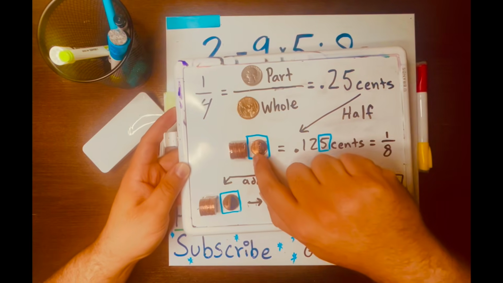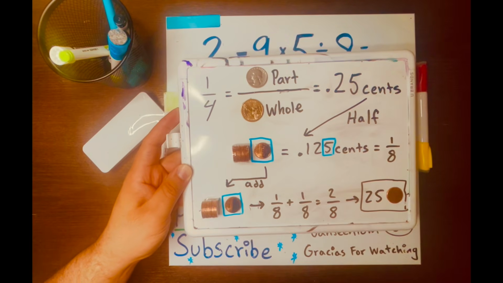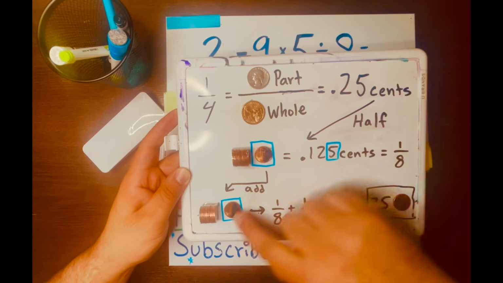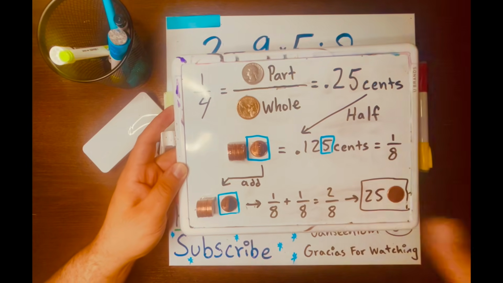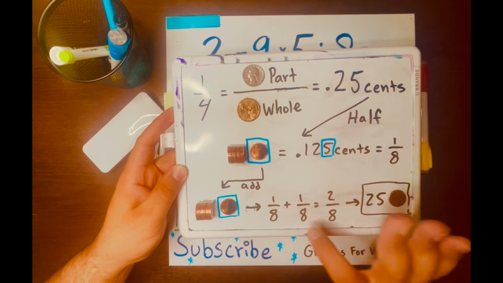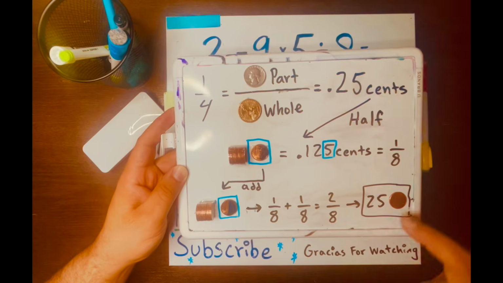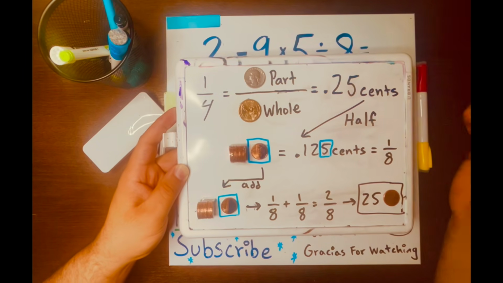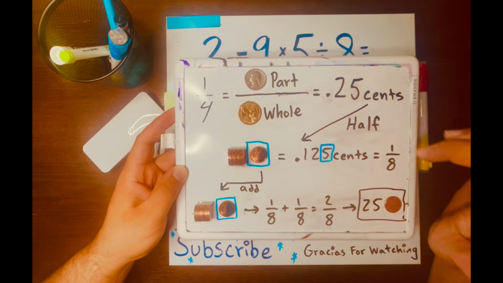And then notice you have half a penny here and half a penny there. That equals 1. So that's why you got 24 and then you have 1, which is 25 pennies total. Or you can write it like this: 1/8 plus 1/8 equals 2/8, or 25 pennies, which is 25 cents. So that's all you need to remember.